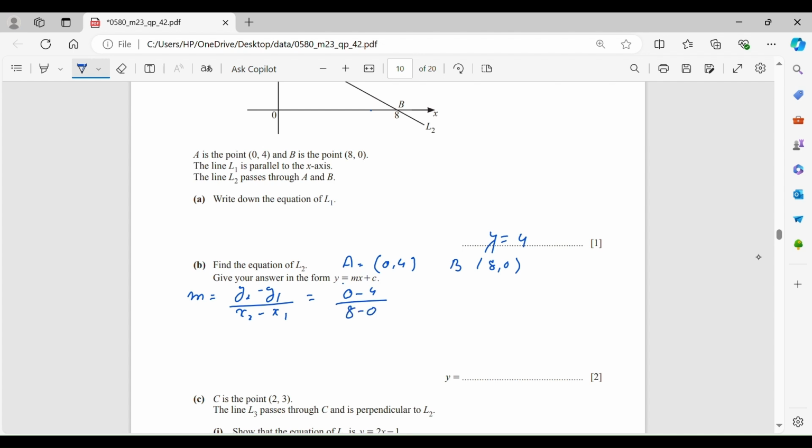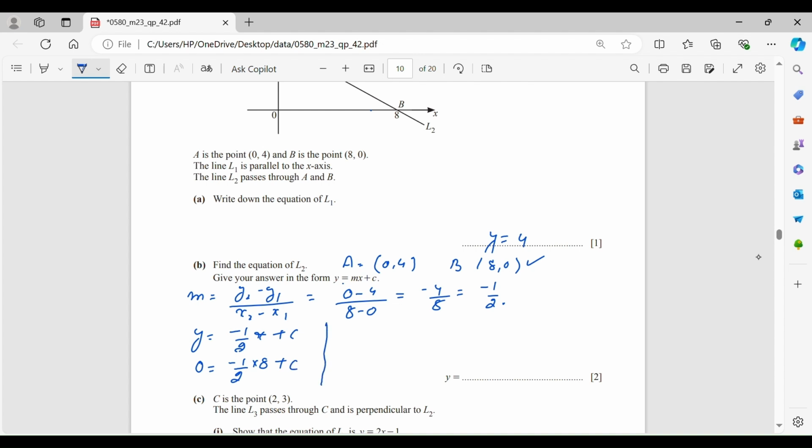So minus 4 by 8, which is equal to minus 1 by 2, right? Now y is equal to minus 1 by 2 x plus c. Let's substitute any of the values, either A or B. So I am substituting B, for x, 0 equal to minus 1 by 2 into 8 plus c.